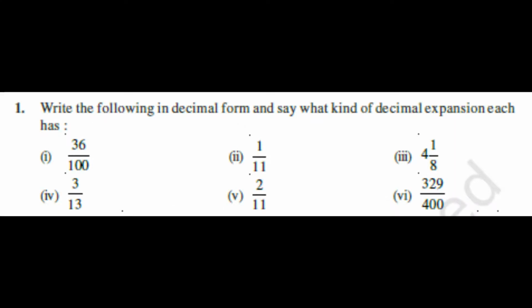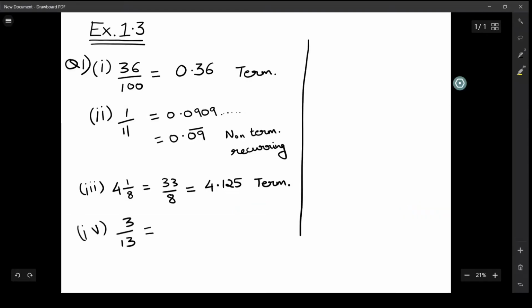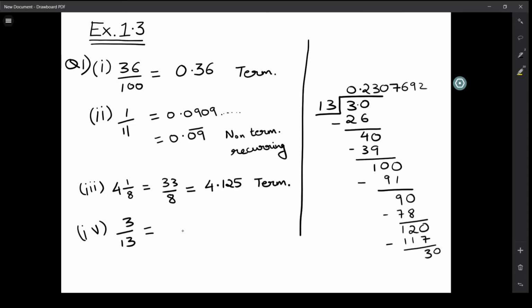Fourth part is 3 by 13. Hence we get the number 0.230769, and this entire 6-digit sequence keeps repeating itself.